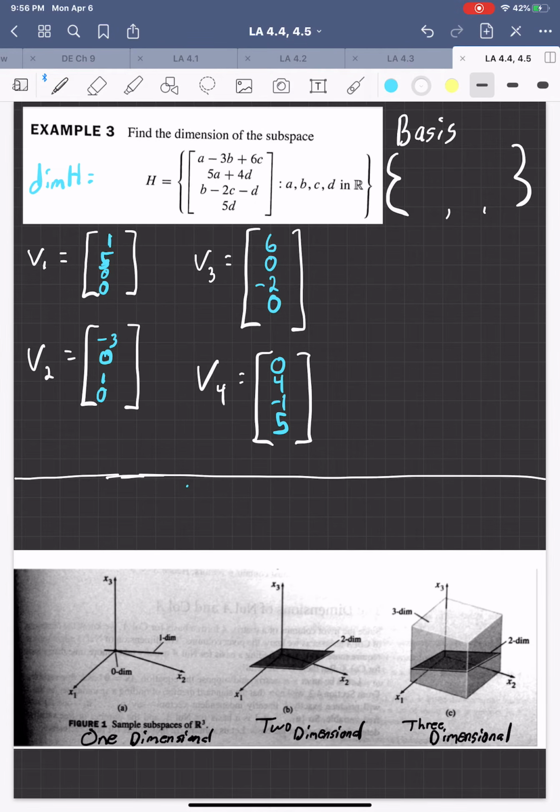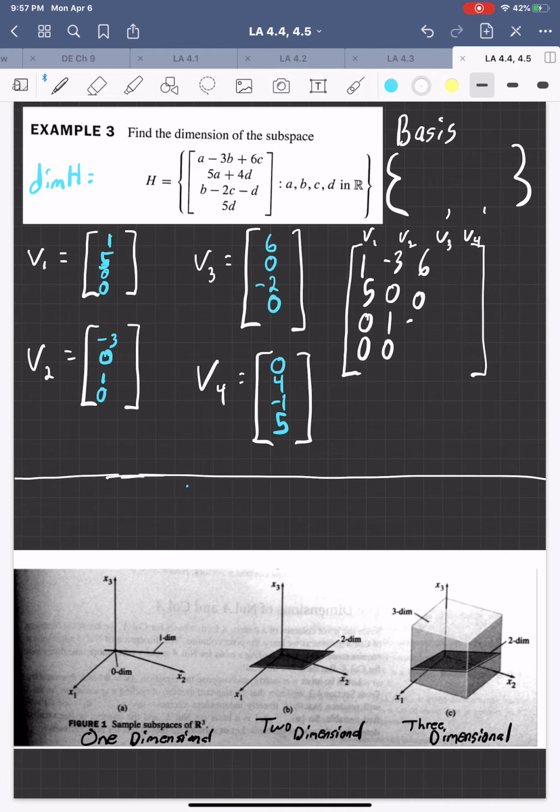Well, all that is required is we're going to take each of those vectors and set them up as columns in a matrix. Ready? So we're going to put V1, V2, V3, V4, and each is going to serve as its own column. So 1, 5, 0, 0, negative 3, 0, 1, 0, 6, 0, negative 2, 0, 0, 4, negative 1, 5.